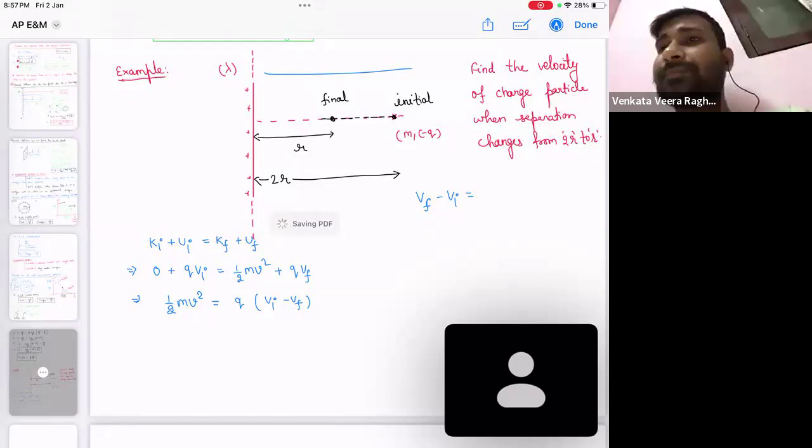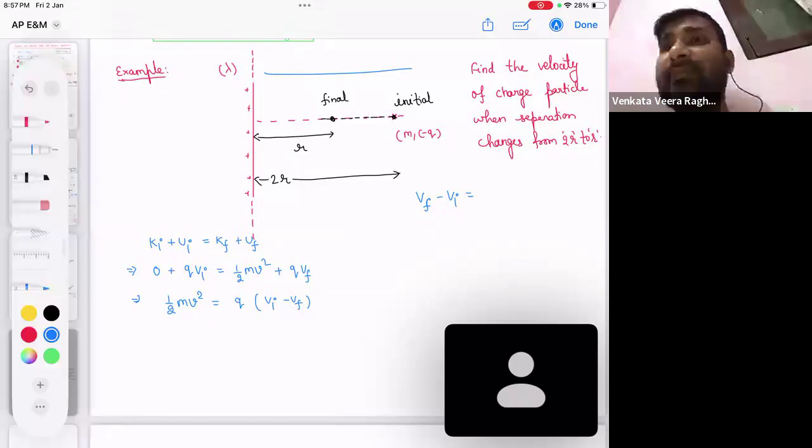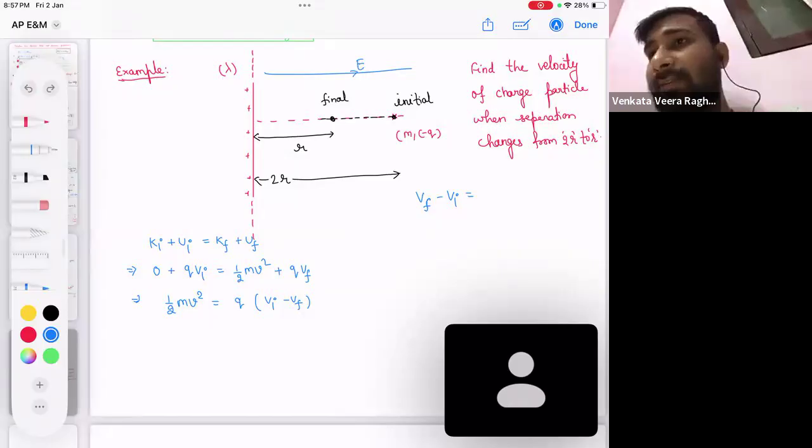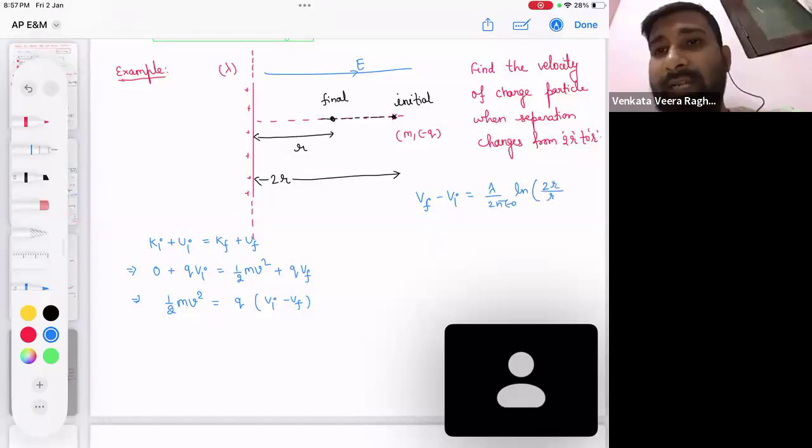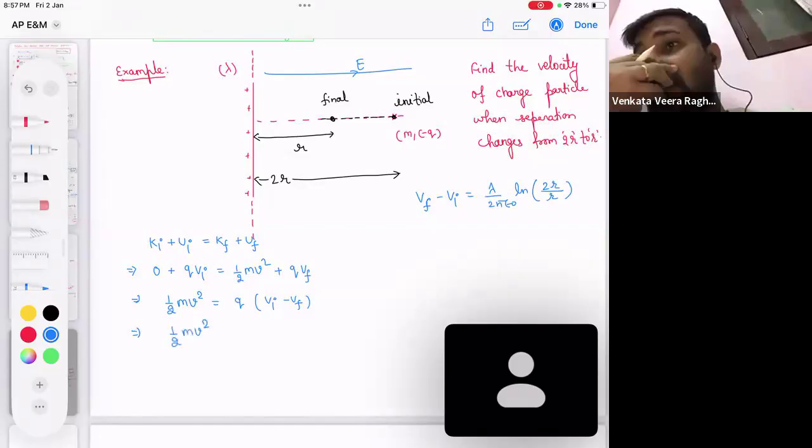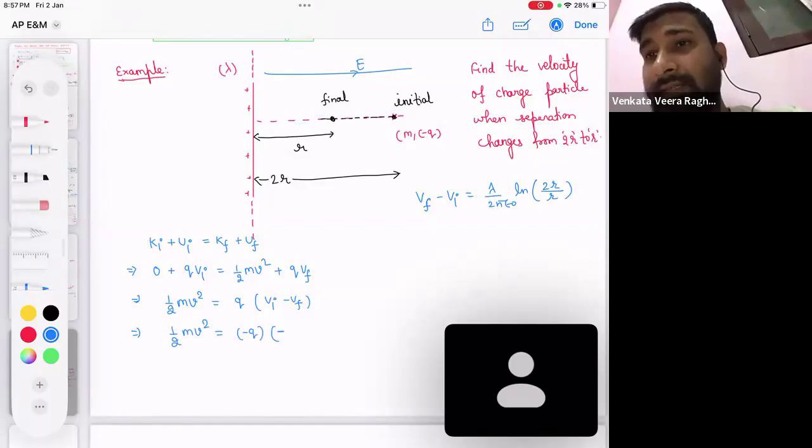Now if I want to find that potential difference, that is what we have calculated: lambda by 2 pi epsilon naught ln R2 by R1. So V final minus V initial is lambda by 2 pi epsilon naught ln, with R2 as 2R and R1 as R. Now put that value: half mv squared, the charge is minus q, and V initial minus V final is minus lambda by 2 pi epsilon naught ln 2.